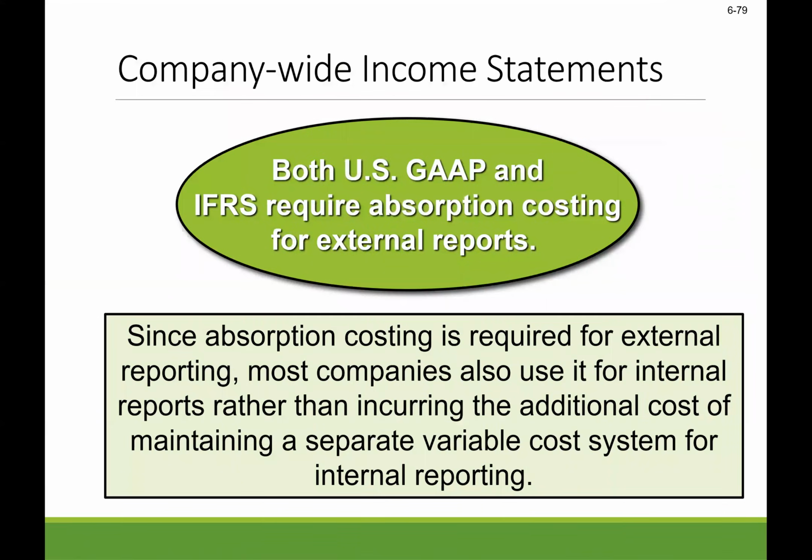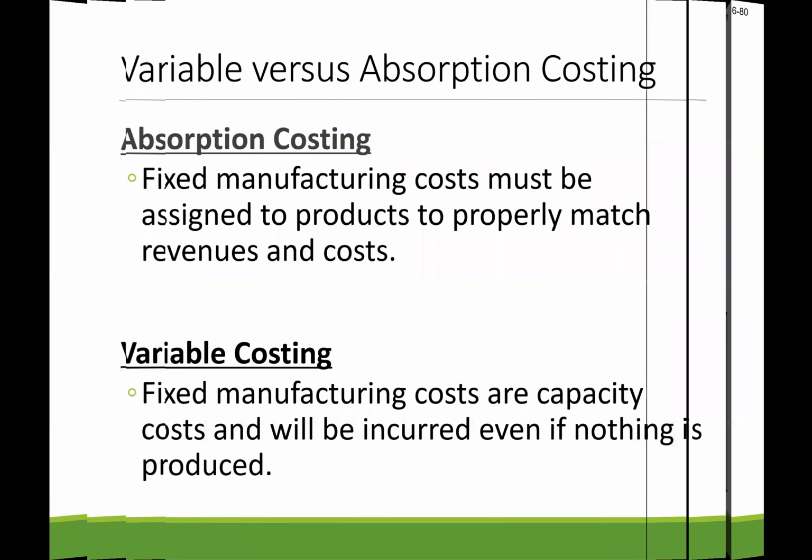Both GAAP and IFRS require absorption costing for external reports. Because of that, most companies also use it for their internal reports. But this is trying to help you understand the benefits of variable reporting.